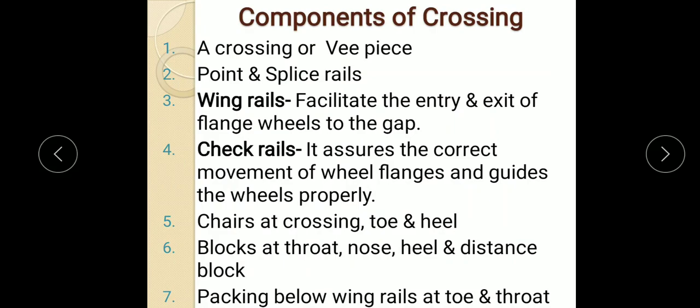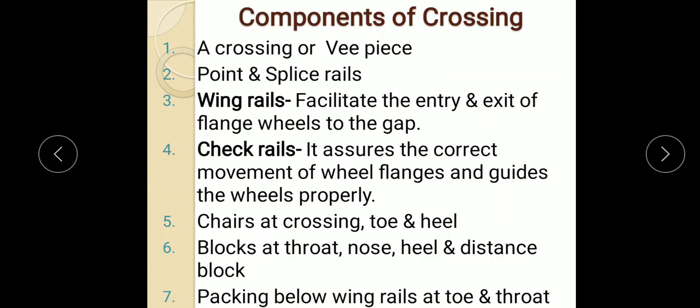If we see the components of crossings, it basically consists of a crossing or a V-piece. It also consists of point and splice rails, and wing rails which facilitate the entry and exit of flange wheels to the gap. It also consists of check rails which assure the correct movement of wheel flanges and guide the wheel properly.